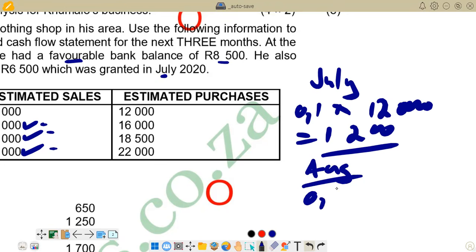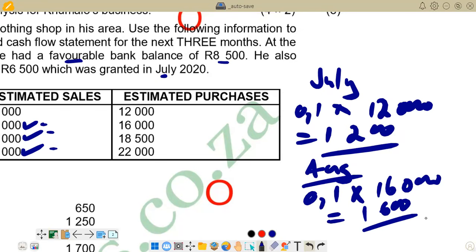August again, we are saying 0.1. Then we multiply by 16,000, for August, and you are going to get 1,600 there.